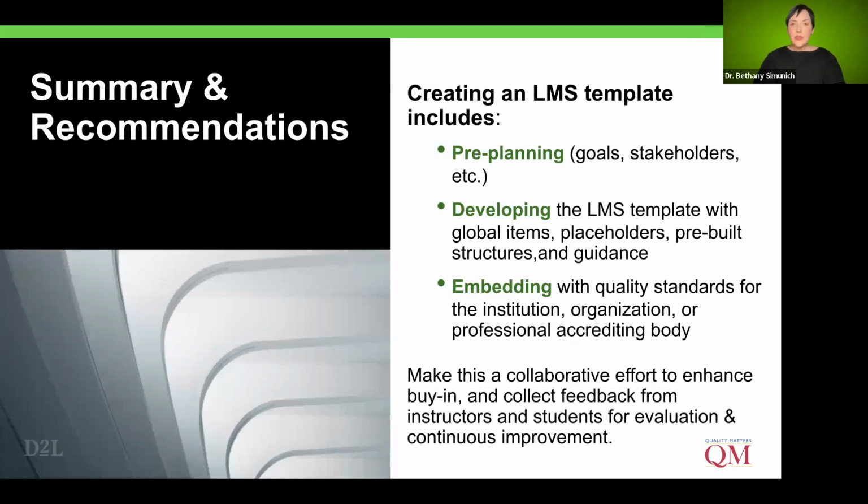Depending on your institutional organizational context, you may want to consider developing the template as a collaborative effort from the start. But whether it's collaborative or administrative-led implementation, remember to collect relevant data so you can evaluate the success of the template and mark items for improvement.